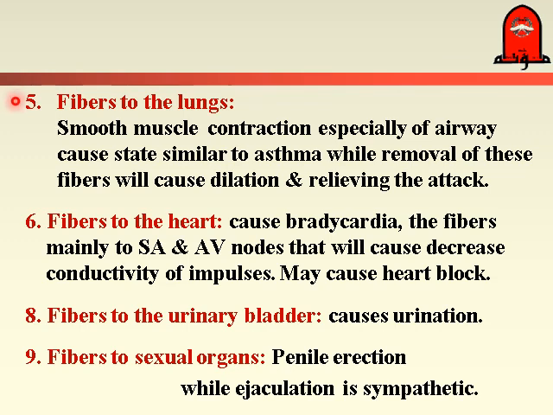Another fiber goes to the lung, and this is responsible for smooth muscle contraction. This will produce contraction of the smooth muscle of the big airway, and this will produce a state like that of asthma, bronchospasm like asthma. If we remove the parasympathetic nerve fiber to the bronchial muscle, it will produce dilatation and improvement of the attack.